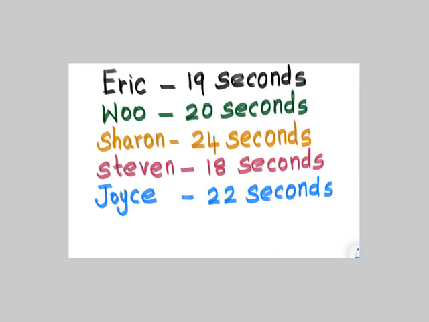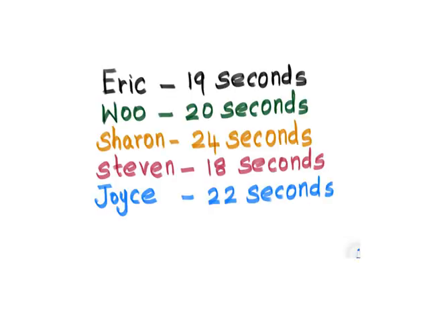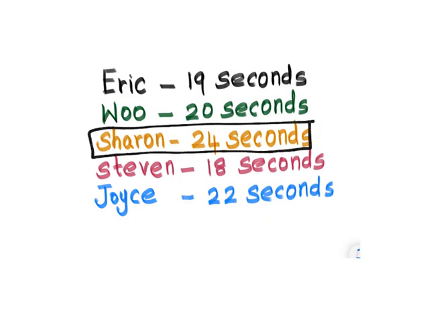So from this, we can find who is the fastest runner. The fastest runner is the person who took the least amount of time, which is Steven. And the slowest runner is the one who took the maximum amount of time to reach 100 meters, which is Sharon, because she took 24 seconds when compared with the rest of them.